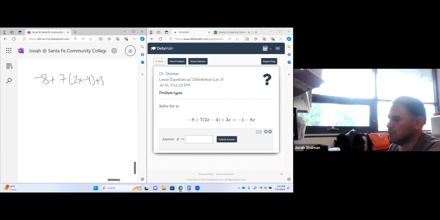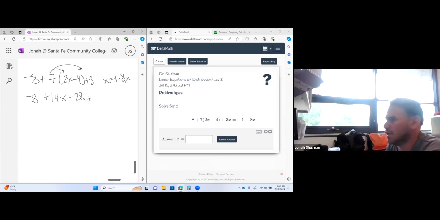All right, so here's our problem, right? It's nothing too crazy. So I have a negative 8. I've got a positive 14x and a negative 28. I distributed. And I have a plus 3x. Equals negative 1 minus 8x.